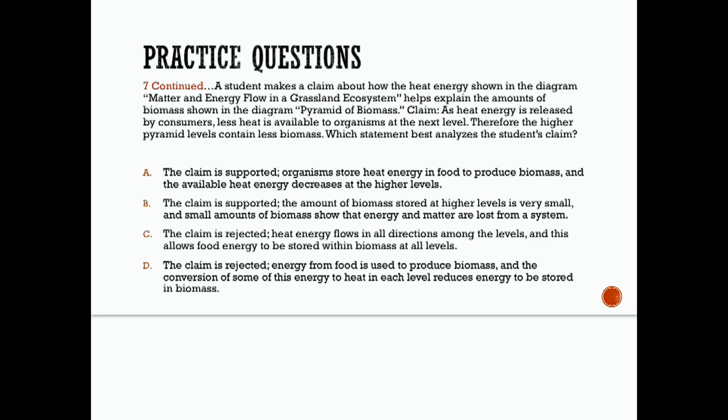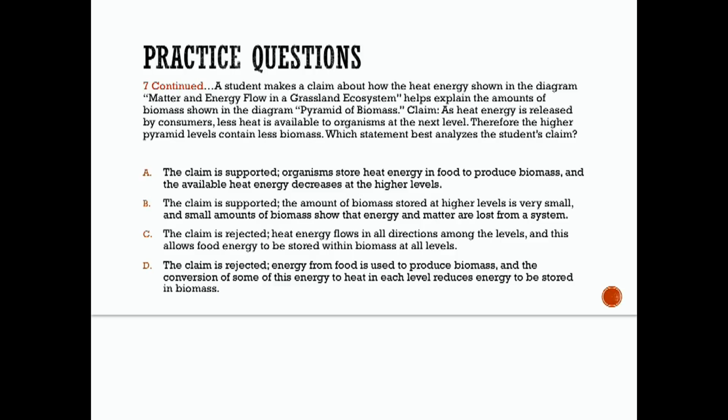So here's their claim: as heat energy is released by consumers, less heat is available to organisms at the next level. Therefore, the higher pyramid levels contain less biomass. Okay, so which statement best analyzes the student's claim? So pause it, look at your choices.